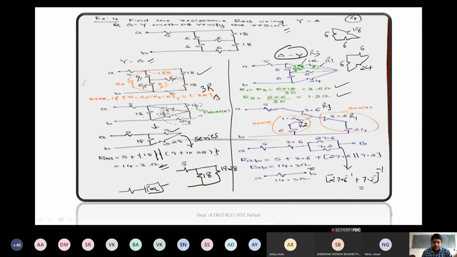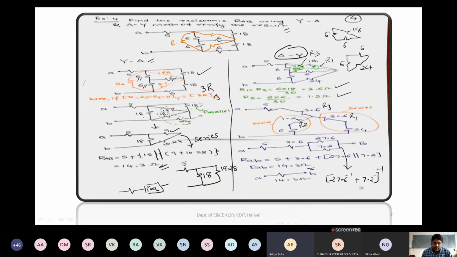So here you can superimpose a delta network. Okay, so is this step clear now?